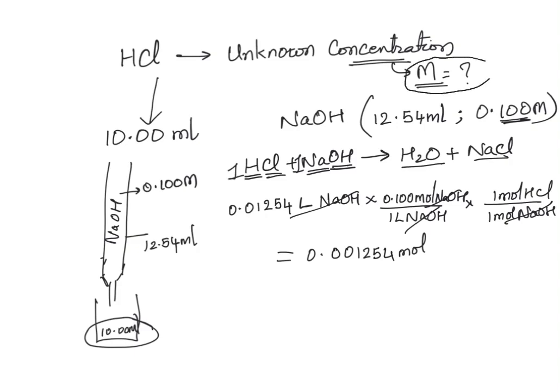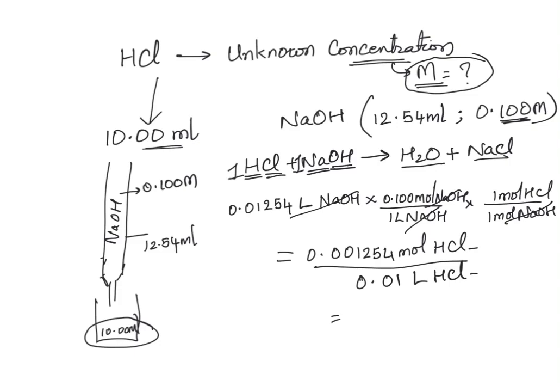But we're not required to calculate the moles of HCl. We are required to calculate molarity of HCl. What is molarity? Moles over liter. So we have the moles of HCl. We also know that we are using 10 milliliters of HCl. So how much is 10 milliliters of HCl? 10 milliliters of HCl is equal to 0.01 liters of HCl. Remember, molarity is always calculated as moles over volume, but the volume has to be in liters.